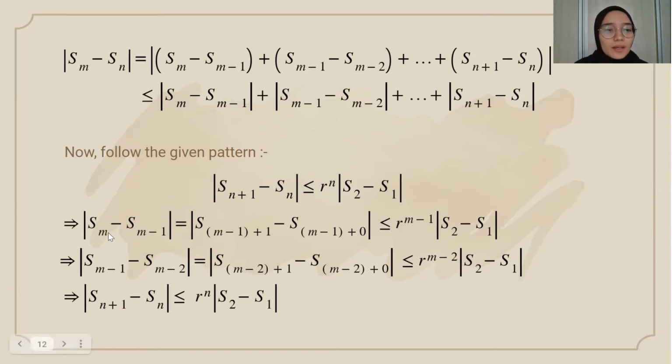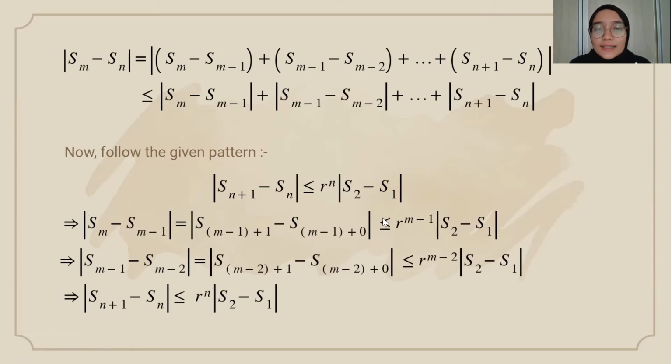So from here, we can have absolute Sm minus Sm-1 is actually equal to S(m-1)+1 minus S(m-1)... here we just assume that n is equal to m minus 1.